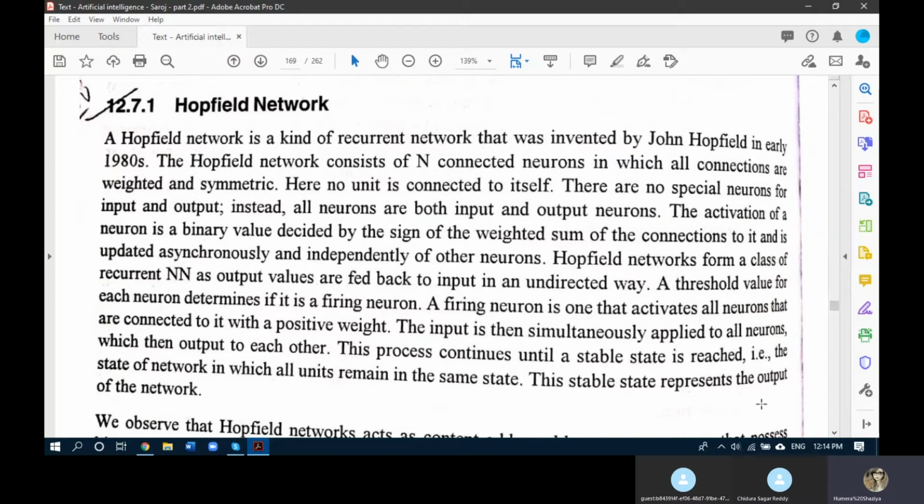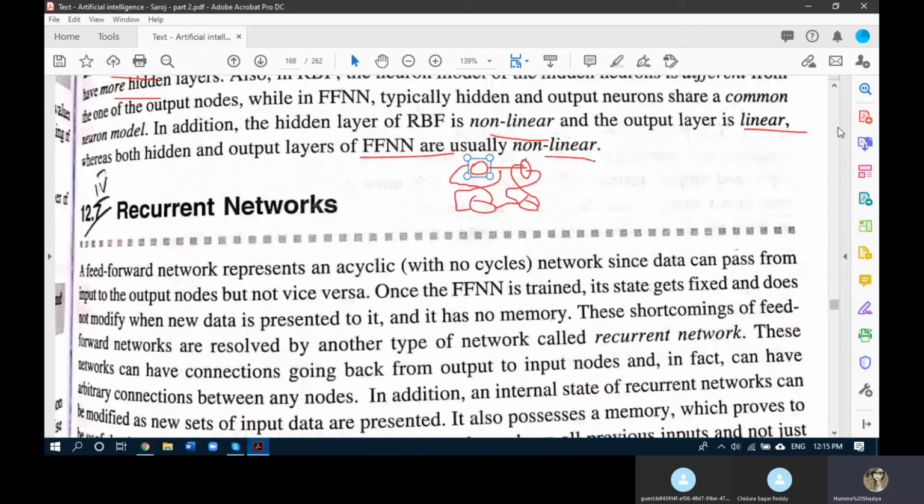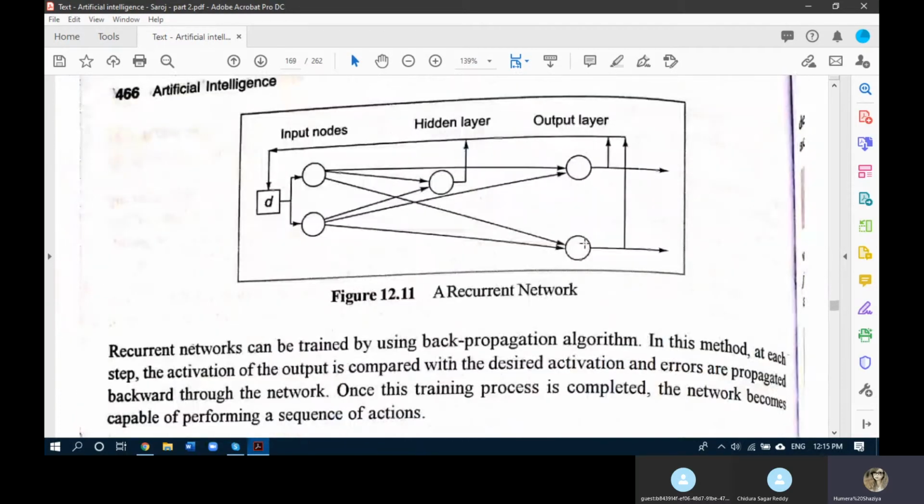Please note down this point, that its outputs are fed back, similar to this type of configuration. The output is fed back as input.